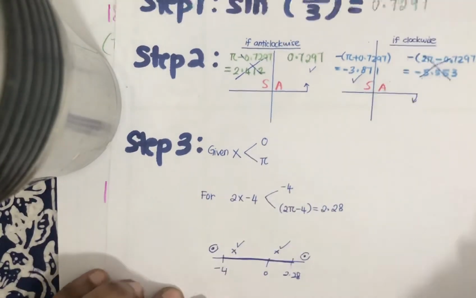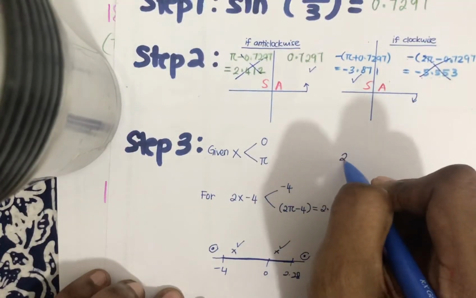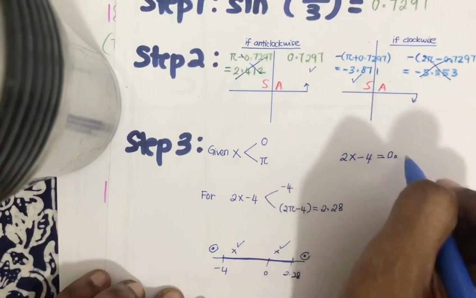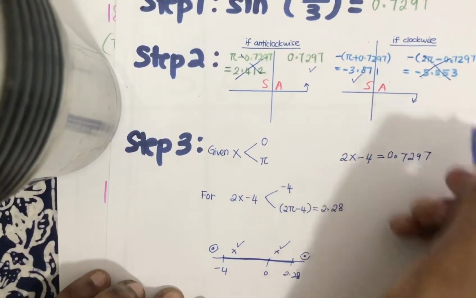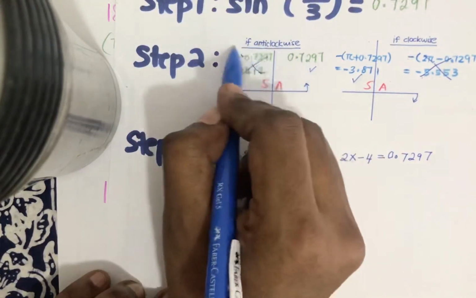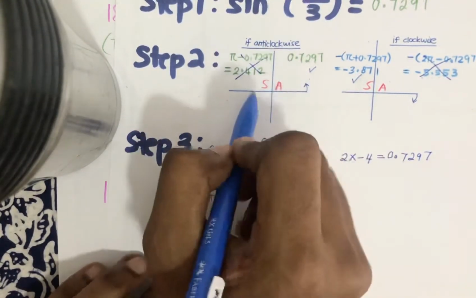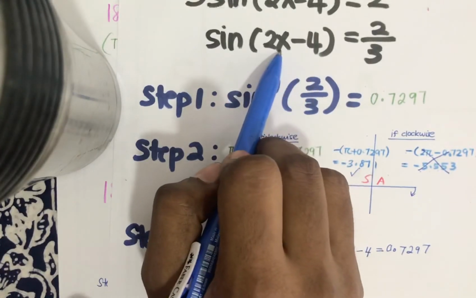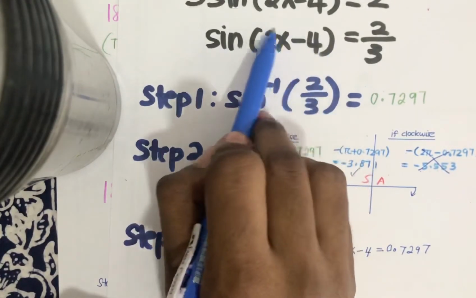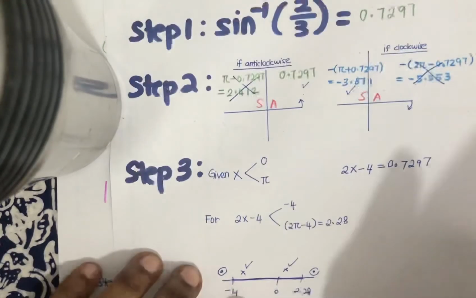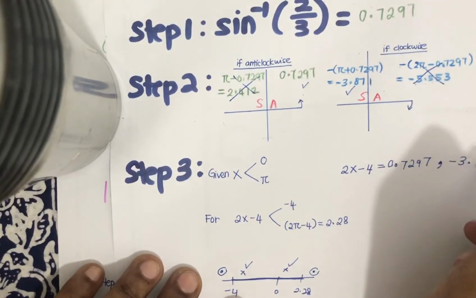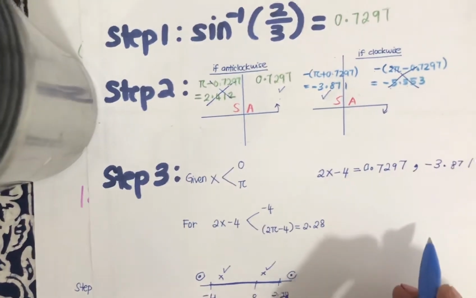So what is your final step? You take 2x minus 4 equate to 0.7297. I told you, right? This whole step 2 is resemblance of your 2x minus 4. It is not the x, but 2x minus 4. Whatever you put into this now. And then continue. Negative 3.871.